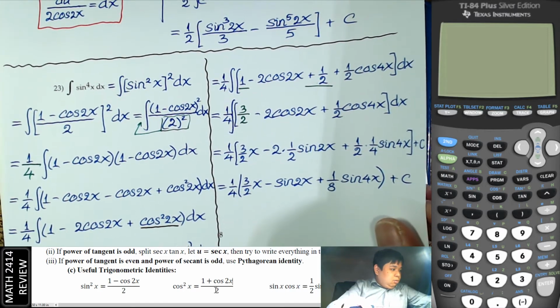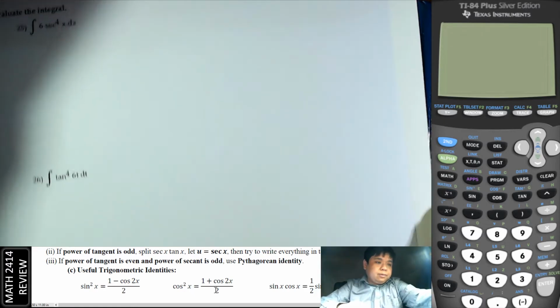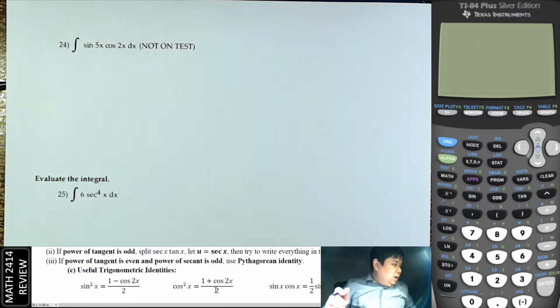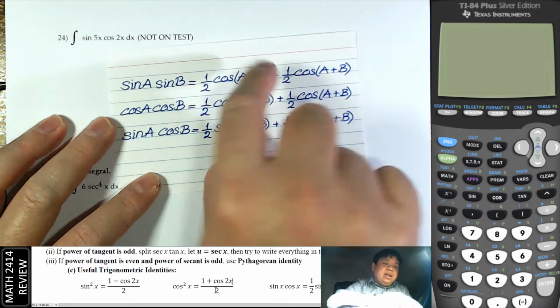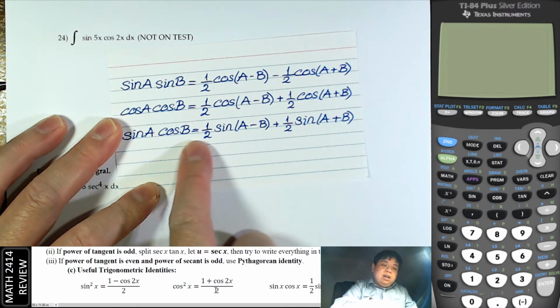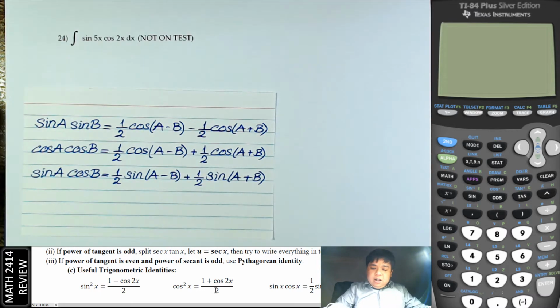Right, we continue. This one is not on the test. I'm just going to throw it here. If we see something like this, there's a trig identity where we have the product of sine cosine, so it's going to be that identity. So it's very simple.